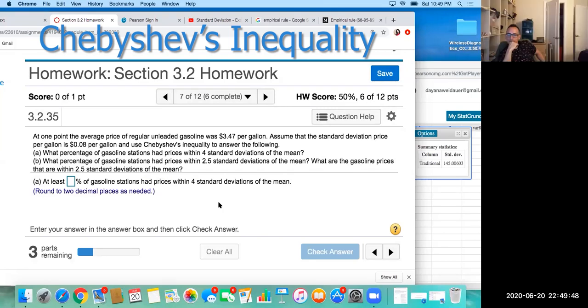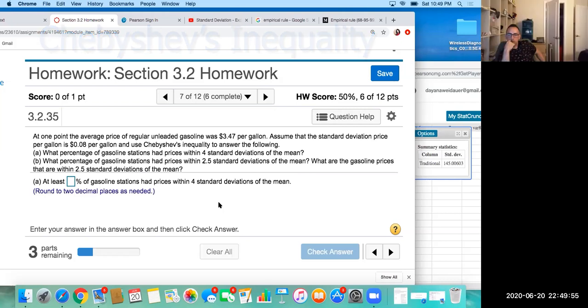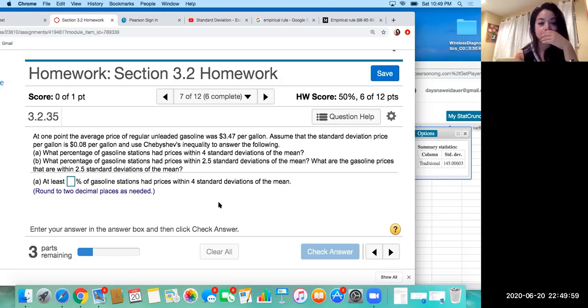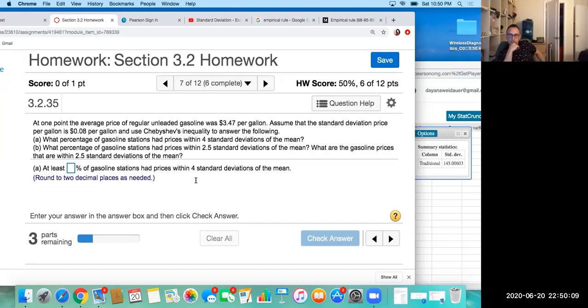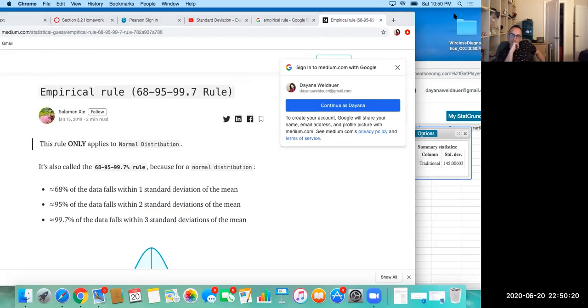Okay. At one point, the average price of regular and leaded gasoline. Chebyshev's inequality. Great. I don't know this one that well. The standard deviation price per gallon is... To answer the following. Within 4 standard deviations of the mean. So you have to Google Chebyshev's inequality real quick. It'll tell you how to do it if you Google it.